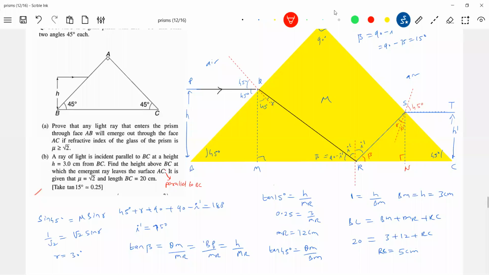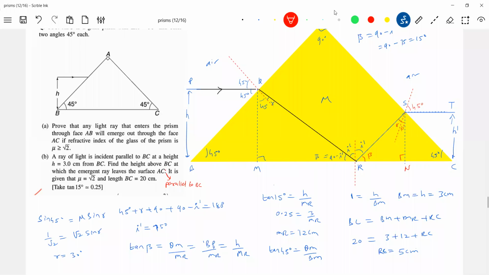Okay, we'll look at the triangles, BQR1 triangle and CSR1 triangle. So BQ by BR should be equal to CS by RC.